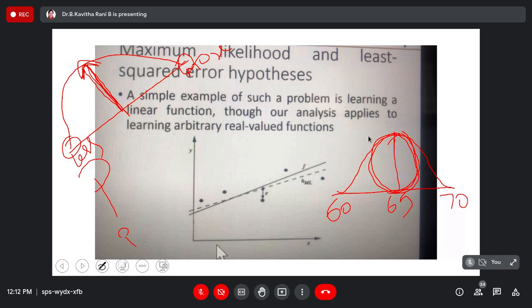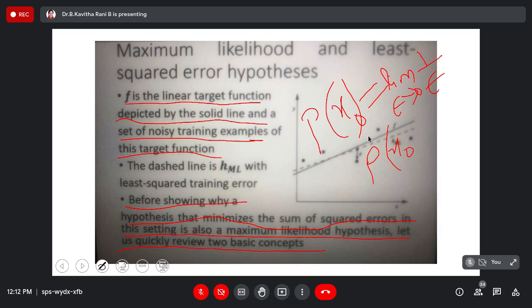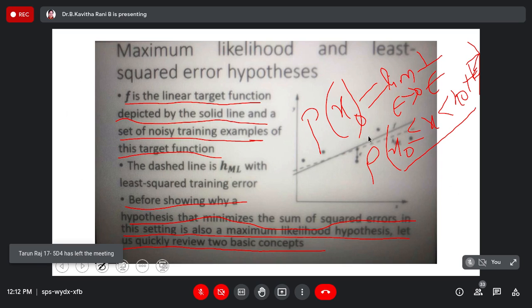Okay, so that we can find by using p of x naught is equal to the limit of epsilon tends to 0, 1 by epsilon times p of x naught less than or equal to x less than x naught plus epsilon. Epsilon అంటే error. x naught అంటే probability of different hypotheses plus error rate.